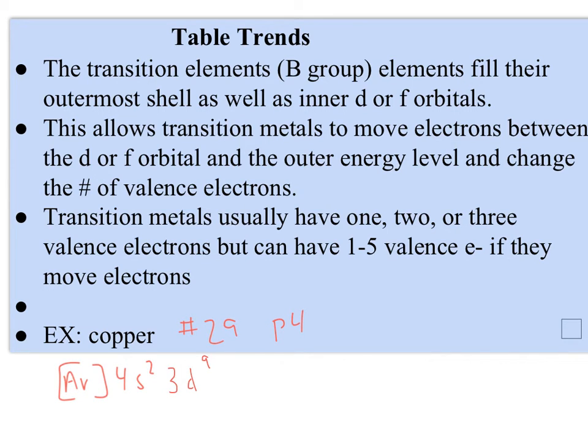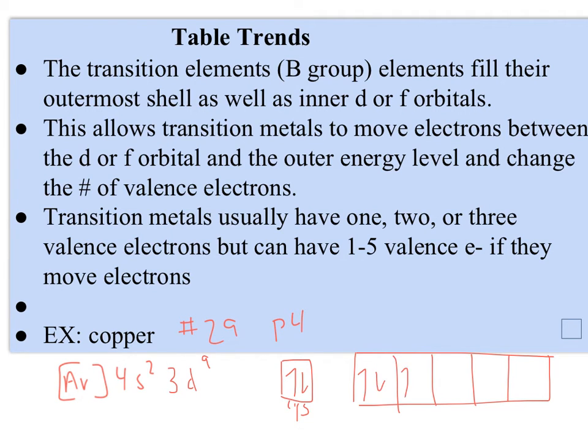If you think about this, the d orbital has 5 different orbitals, and 4 of them have 2 electrons, and 1 of them only has 1 electron. So I've got the s orbital looking like this, and then I've got this big d orbital, and 4 of them are full, and this last one looks like this.